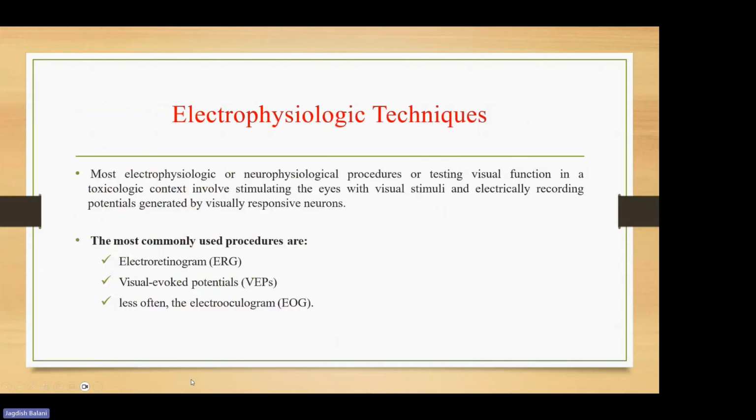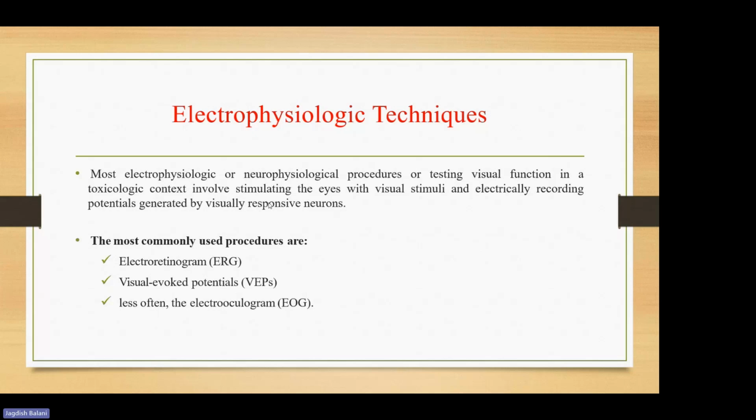And other than that, if any ocular compound is there, you have to study it with some electrophysiological technique, which you can use to study further detail of the retina as well as the other parts of the ocular system. Most electrophysiological or neurophysiological procedures for testing visual function in the toxicology context involve the stimulation of the eye with visual stimuli and the electrical recording of the potential generated by the visual response. It is like ECG.